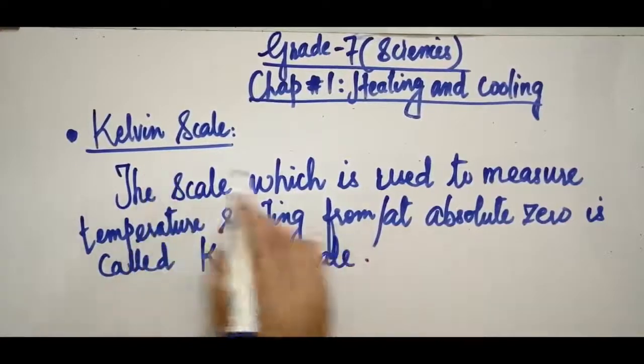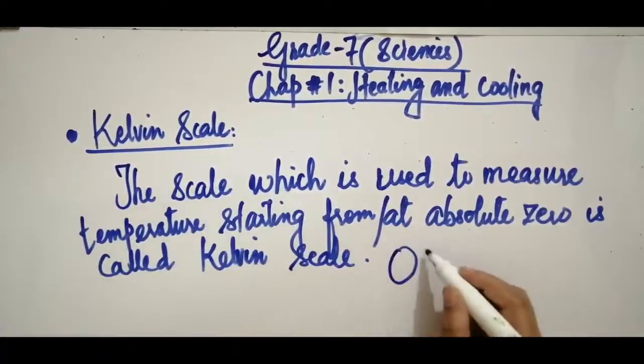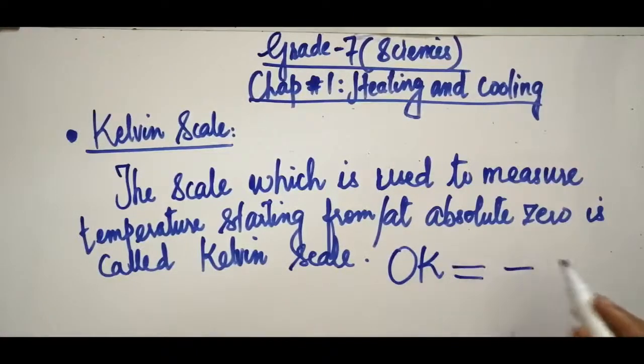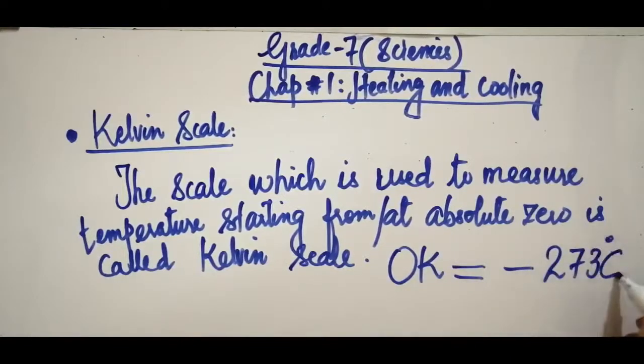So this temperature scale starts from 0 Kelvin, and on the other hand on the Celsius scale it starts from minus 273 degrees Celsius.